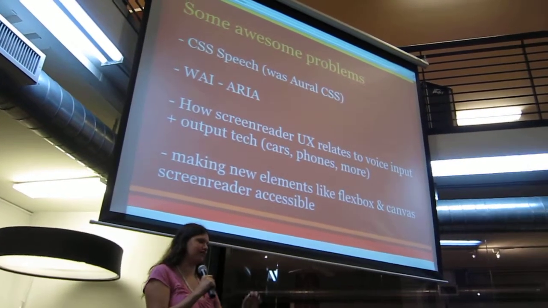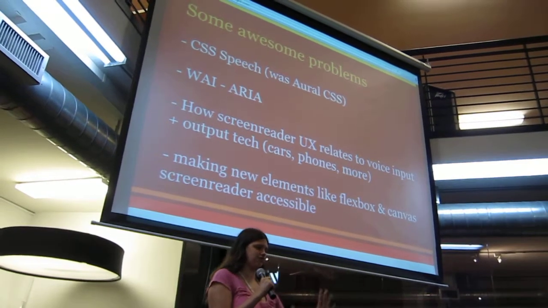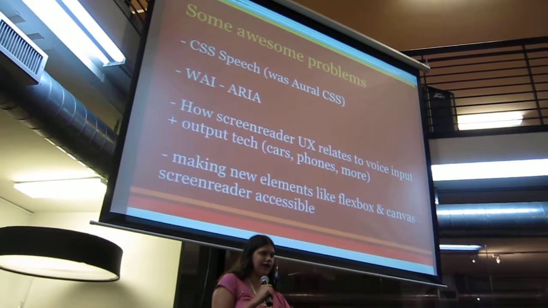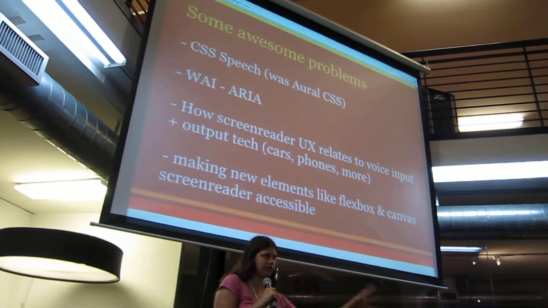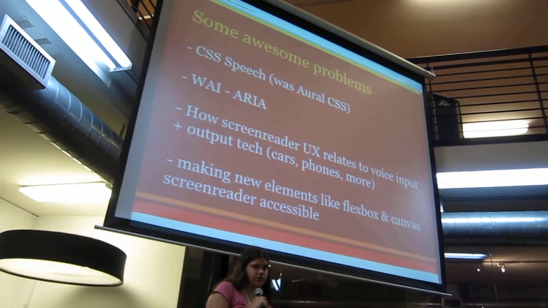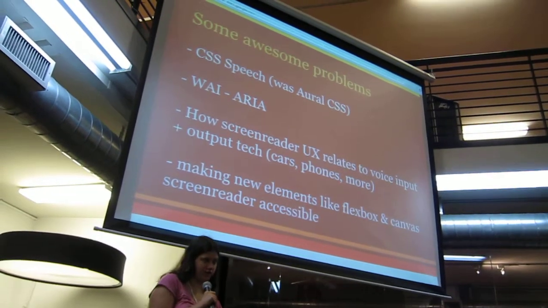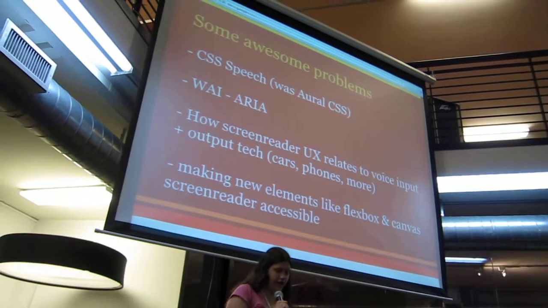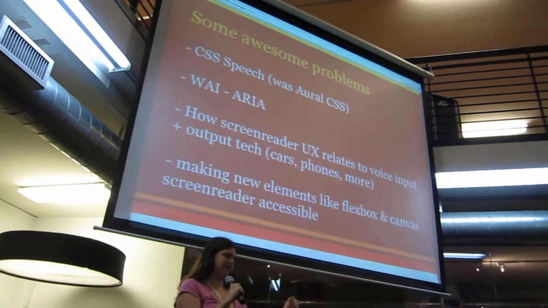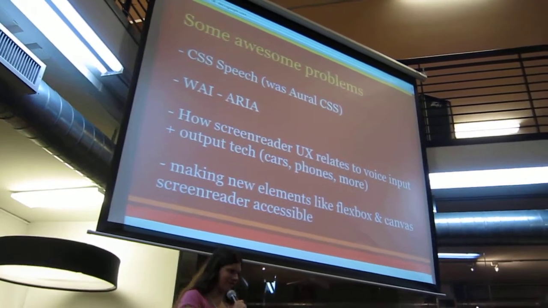WAI-ARIA, which is a whole other talk, allows you to control automated things in really interesting ways, and allows you to provide all this information about rich internet applications for screen reader users, and also possibly for automated things like Google and automated testing. There's also making new elements accessible, and how screen reader UX relates to voice input and output technology like cars and phones. Thank you so much, everyone.